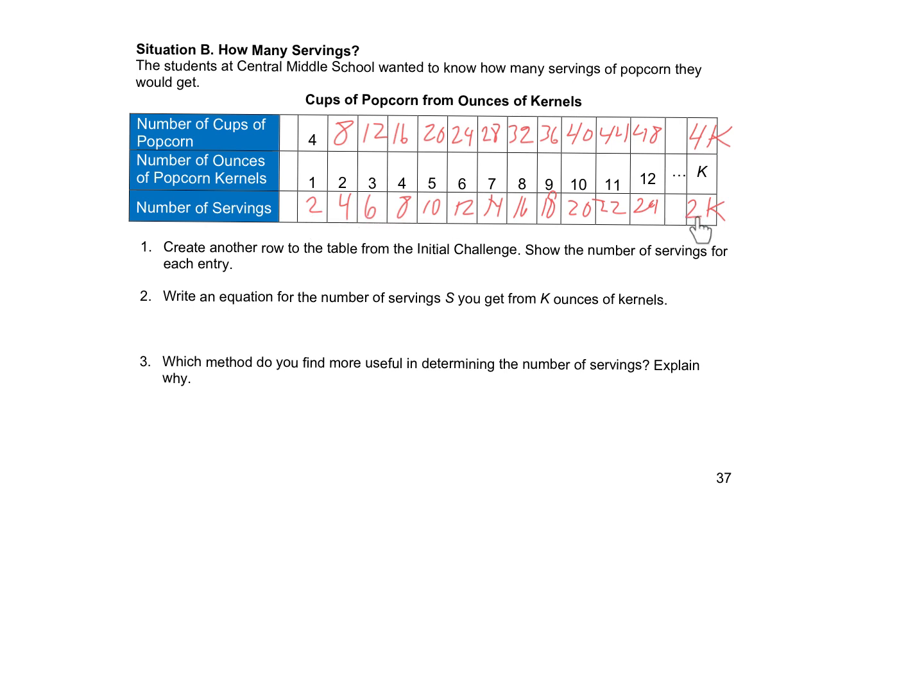The number of servings is 2 times the number of ounces. All right, so for our equation, it would be S servings equals 2K, as shown on the chart. And then for 3, which method did you find more useful? That's up to you. So we're going to move on to the next section.